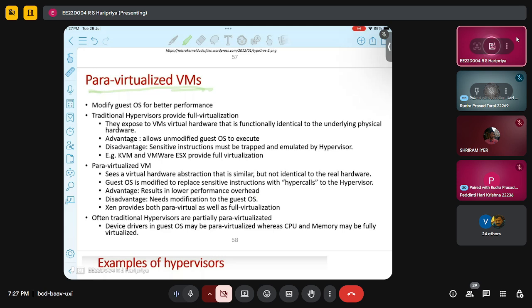The operating system knows that this set of sensitive instructions will go through the hypercall to the hypervisor, and this set of instructions will go through the normal system call. Rather, it can capture some of the sensitive instructions through hypercalls. So there will be a hypercall interface.